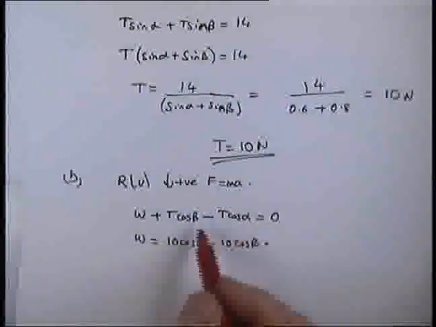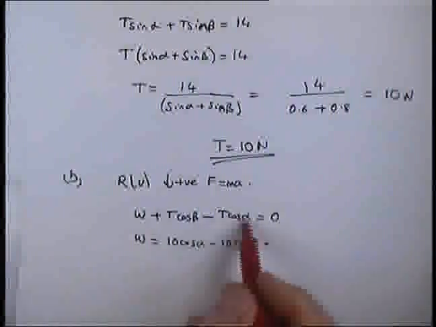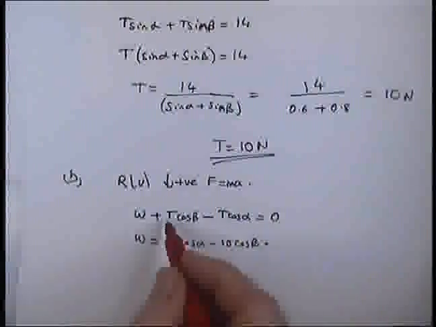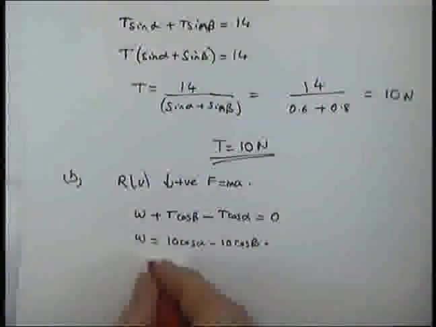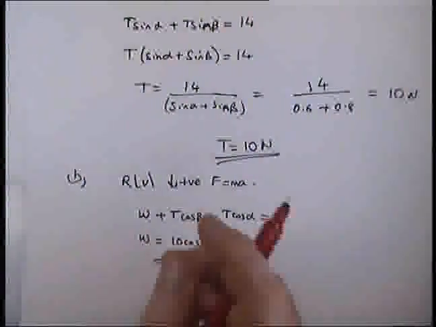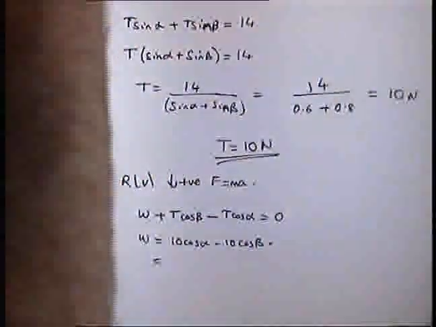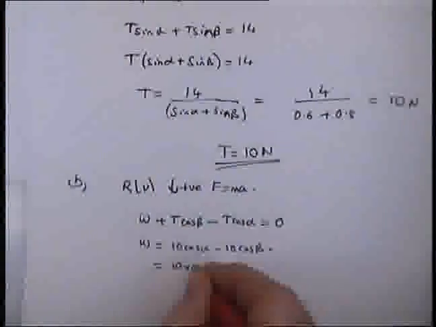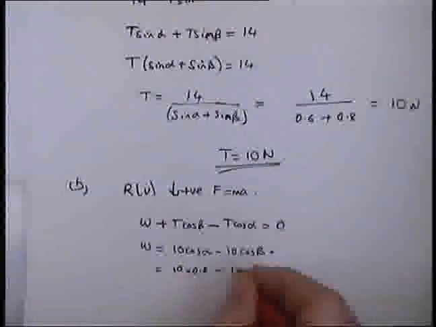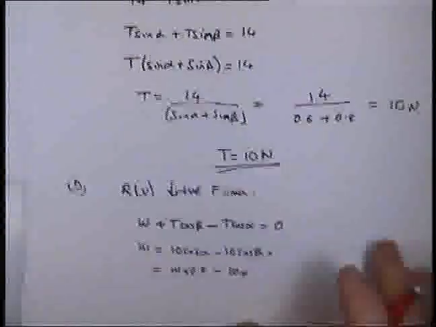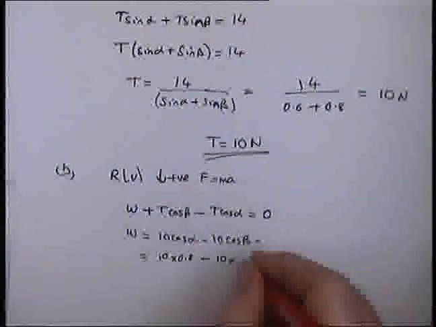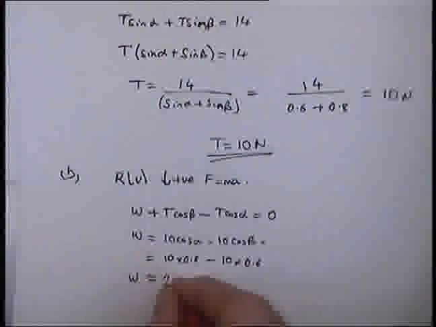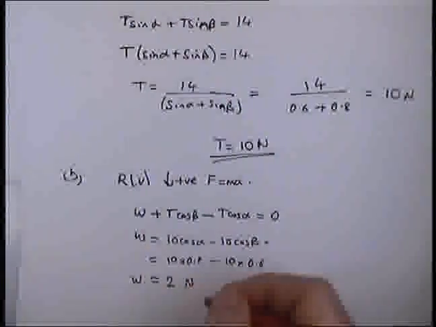All I've done is added T cos alpha and subtracted T cos beta to both sides and replaced T with 10. Now cos alpha we worked out earlier as 0.8, so 10 lots of 0.8, take away 10 lots of cos beta, which we worked out earlier to be 0.6, so we get the weight to be 2 newtons.